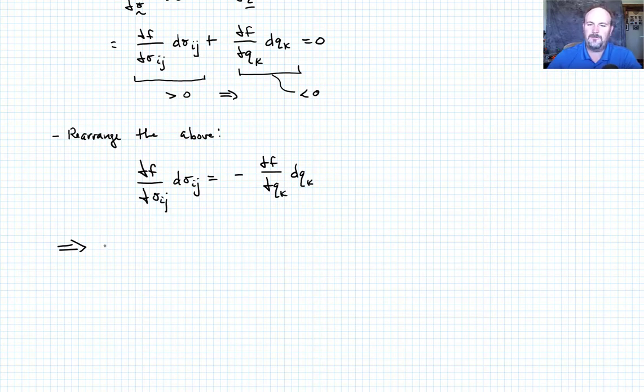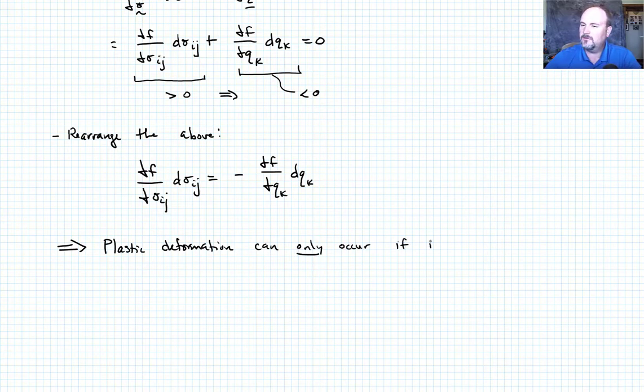So let's write that down. Plastic deformation can only occur if the internal state variable, we'll call it Q, changes during deformation.